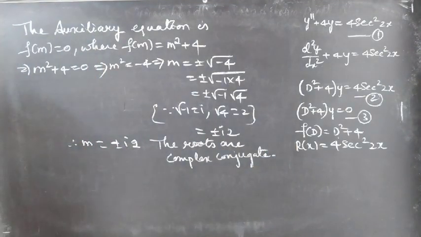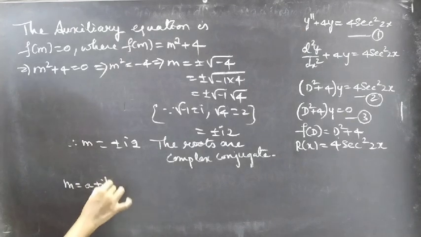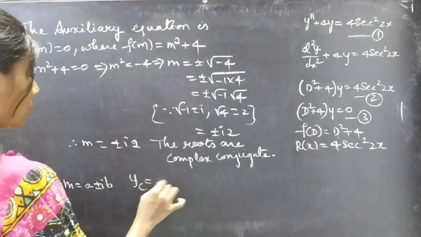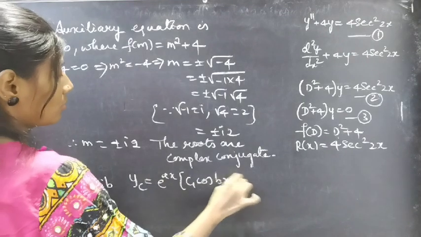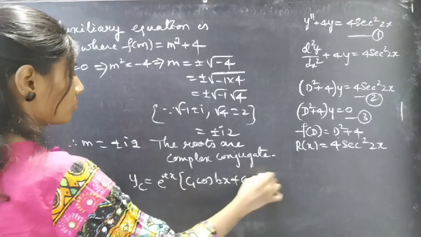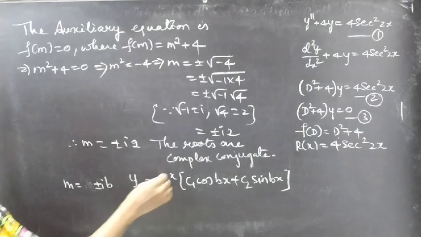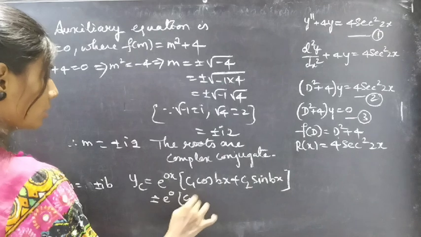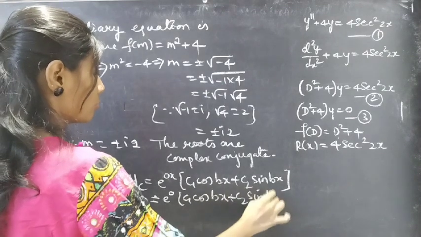We know that when m equal to a plus or minus ib, a pair of complex conjugate roots, then yc, the complementary function, looks like e power ax into c1 cos bx plus c2 sin bx. In case a is 0, we'll have e power 0 into x, which is e power 0 into c1 cos bx plus c2 sin bx.